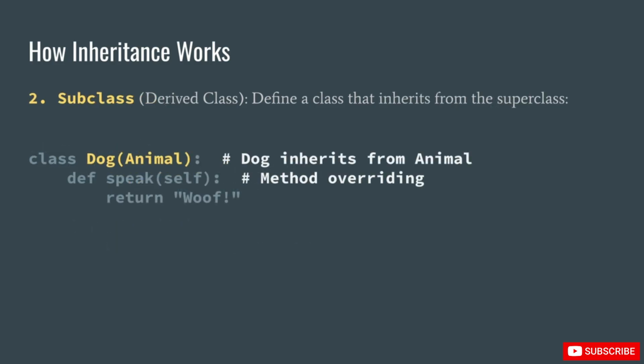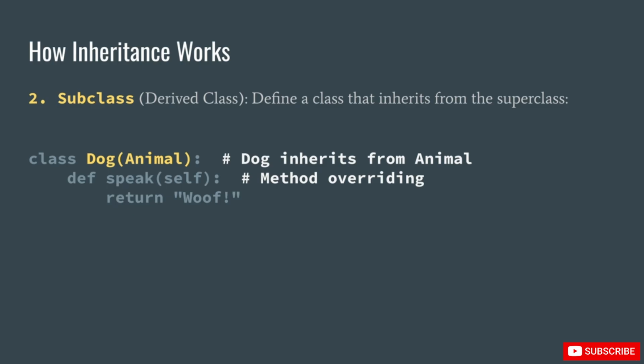Next, we define a subclass, or derived class, that inherits from our superclass. In this case, we create a dog class that inherits from the animal class. Here, the dog class is derived from animal, meaning it inherits all the attributes and methods from the animal class.